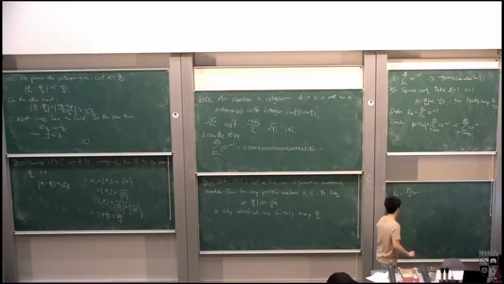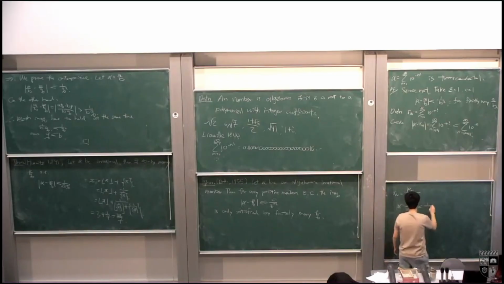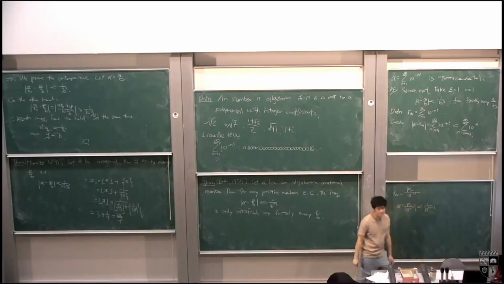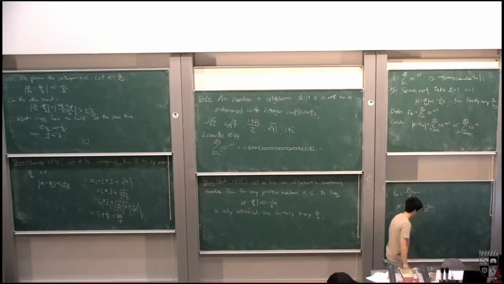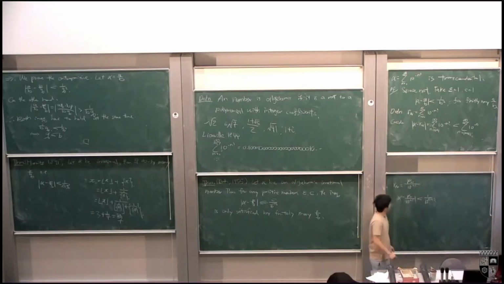So Roth's theorem says alpha minus Pn over this is less than, what's C? What did I choose my C to be? Oh, 1. 3 n factorial. Is this correct? Surely? Okay, I have faith in myself. This is correct.